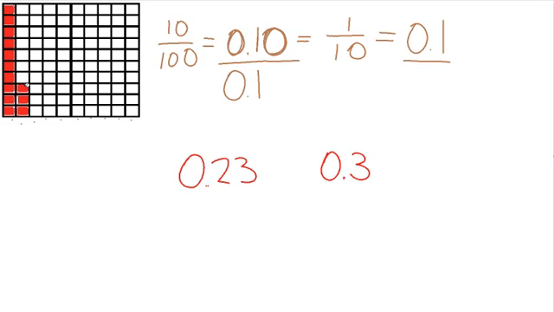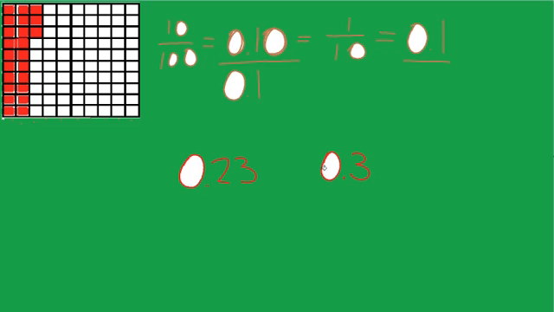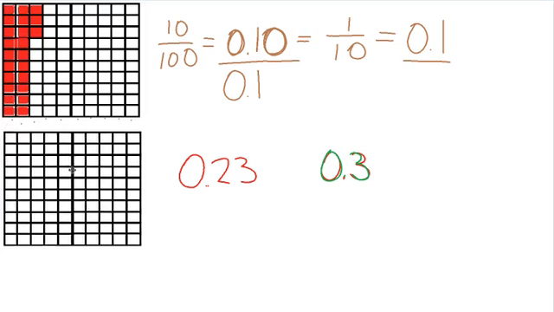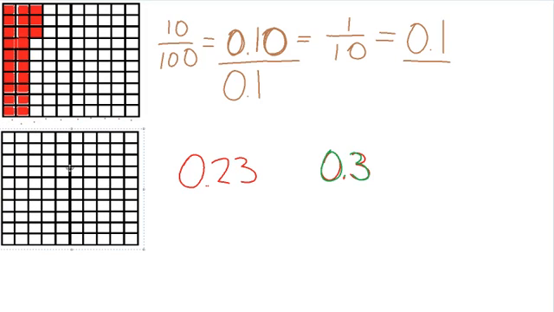So I have 10, I have 20, I have 3. Okay, and I'm going to change colors, and I'm going to put 3 tenths. Let's put in another one of these 100 grids to show you this comparison.